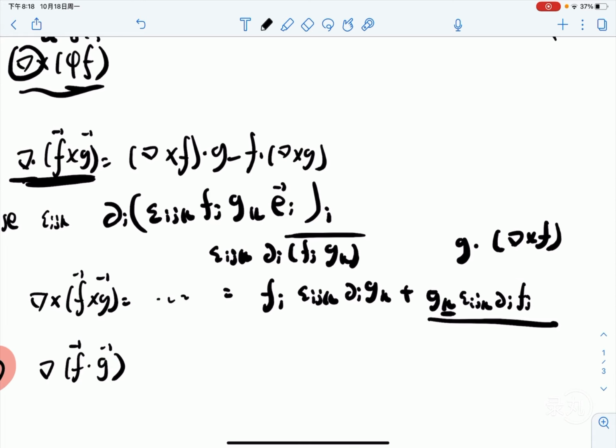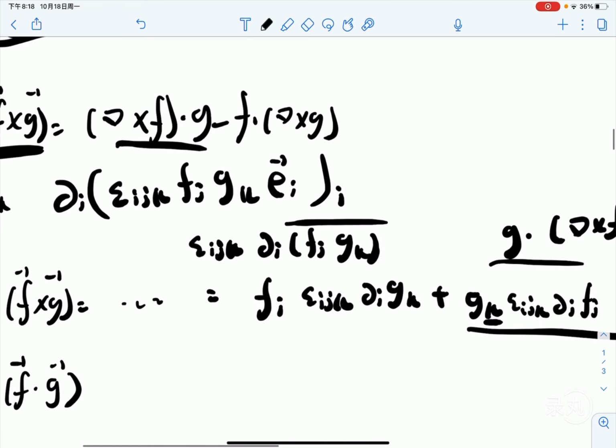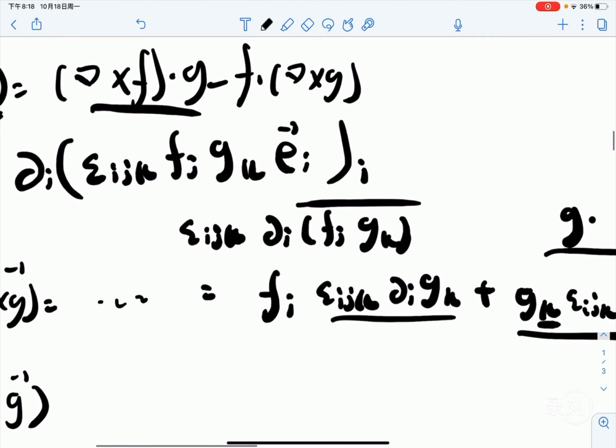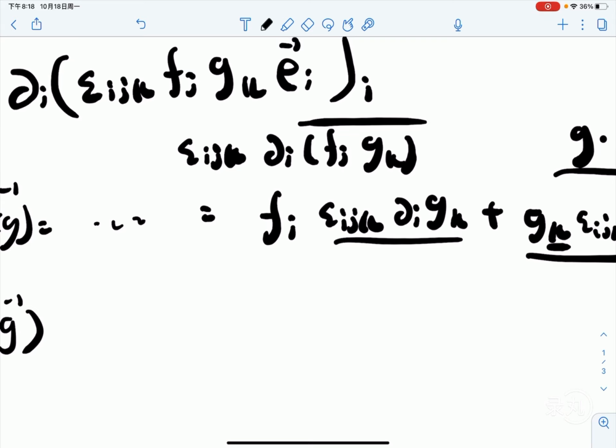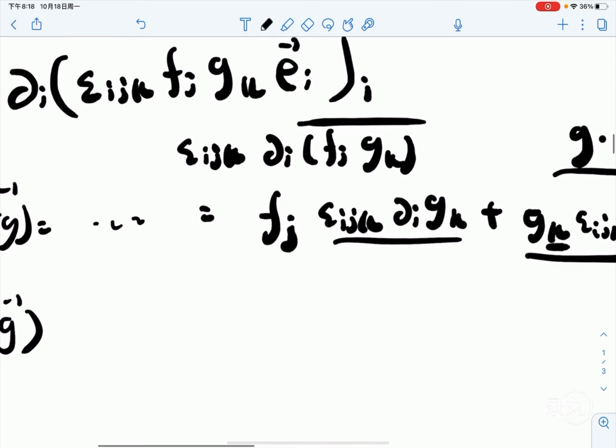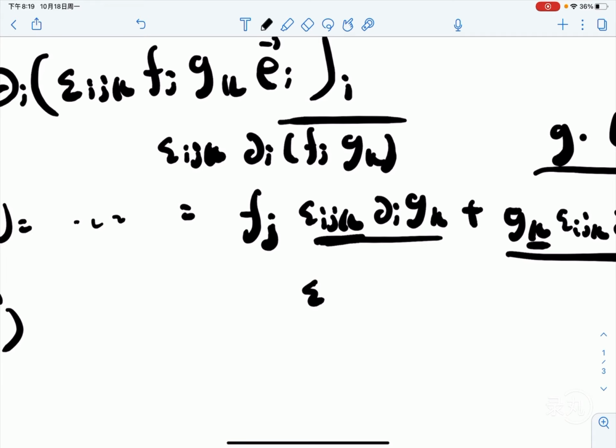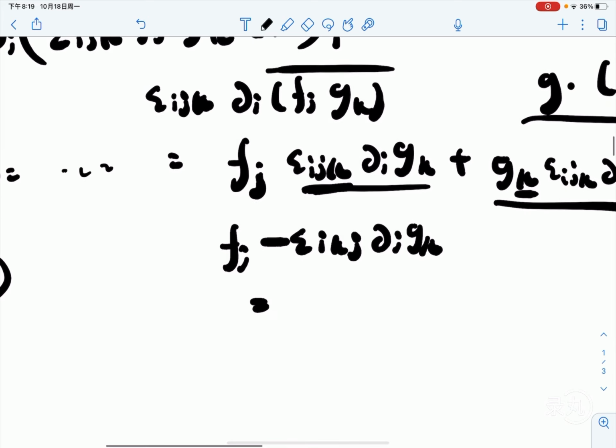So the first one is equal to this stuff, and for the second one, by the same case, we can see that if you switch, epsilon_IKJ, negative F_J ∂_I e_K, this is equal to the form of F. This is basically this.